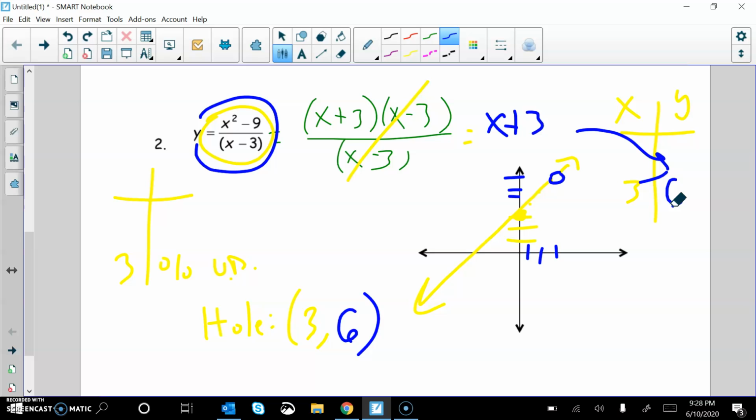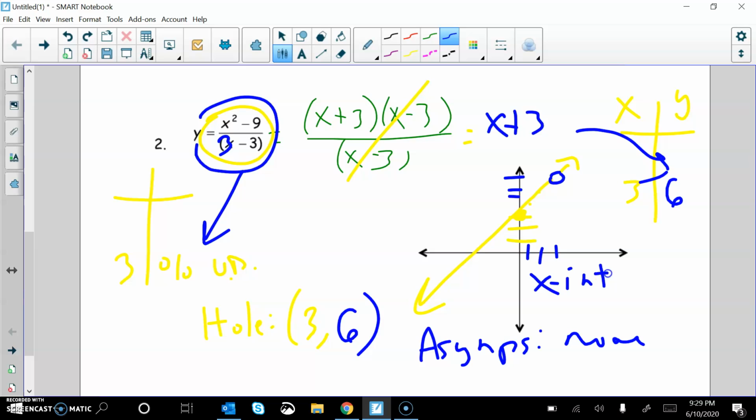Graph x plus 3. We cannot plug in 3 into the function. We get 0 over 0. And that will occur at the point 3, 6. And this one's done. Asymptotes, none. X-intercept, so set it equal to 0.